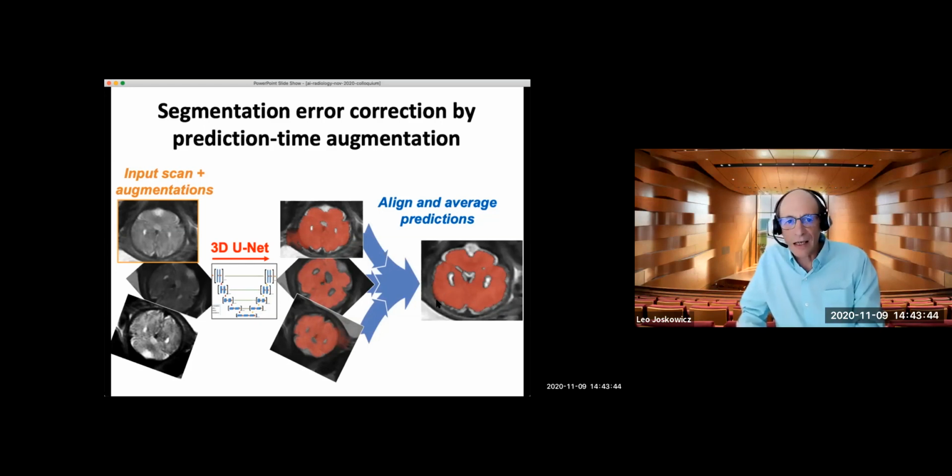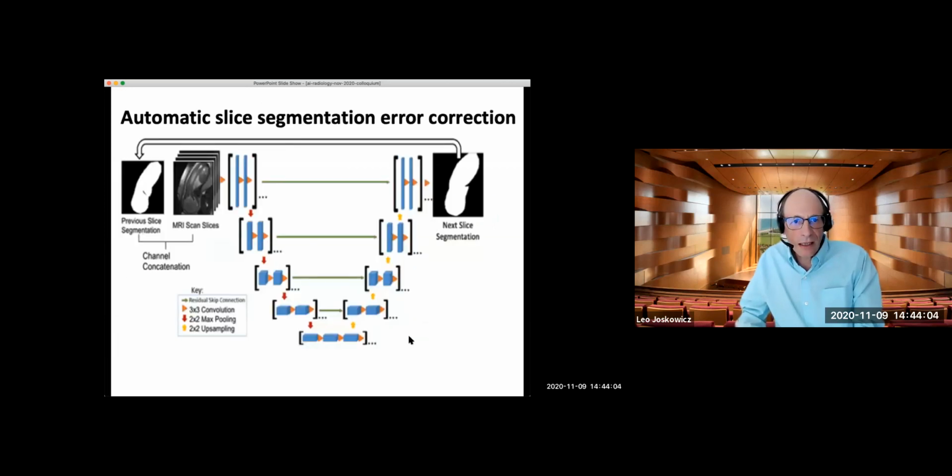In this case, we managed to eliminate the errors. So basically, you take the areas in which the network has a higher amount of certainty. In this case, but this is only in this case, you're able to eliminate the segmentation error. And this technique has been used for other purposes.